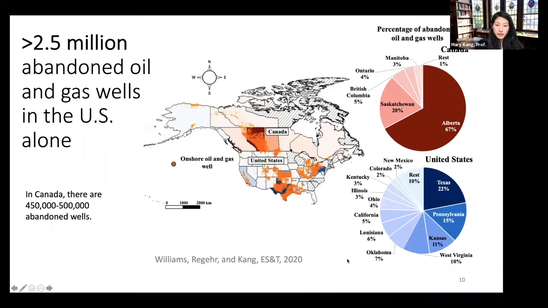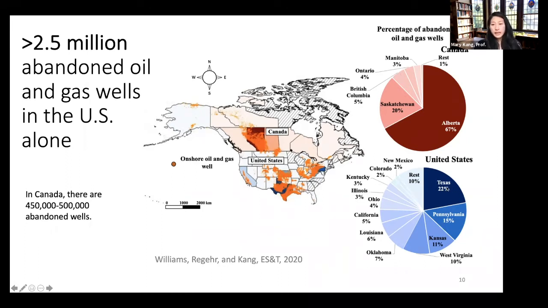You can see these are all wells, but it follows the same distribution. You see a lot in Texas. This is Appalachia. You have Oklahoma, California, and of course in Canada, Alberta is a big hotspot. You can see the breakdown here. Alberta has 67% of the wells in Canada, followed by 20% in Saskatchewan, 5% in BC.